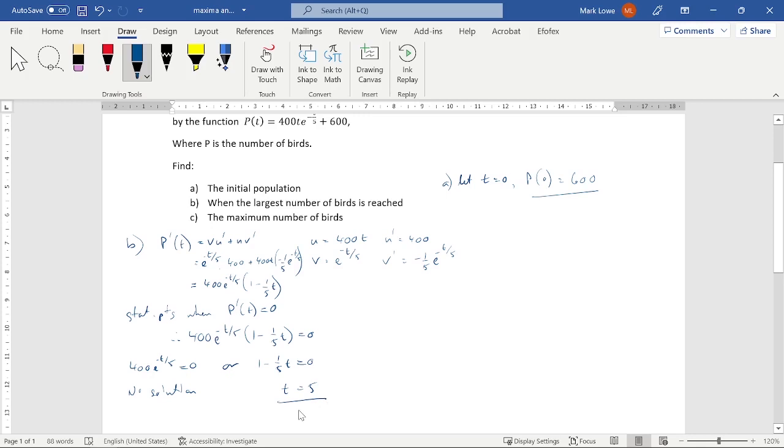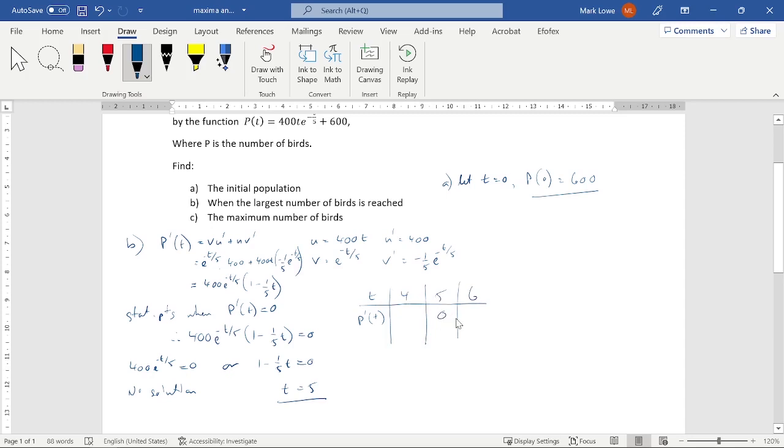So the largest number of birds looks like it's reached at t equals 5, but we need to make sure we confirm that it is a maximum and not a minimum or a stationary point of inflection. In this case, we'll stick with using our first derivative gradient table. We can choose values of 4 and 6, either side of 5, where it's 0.